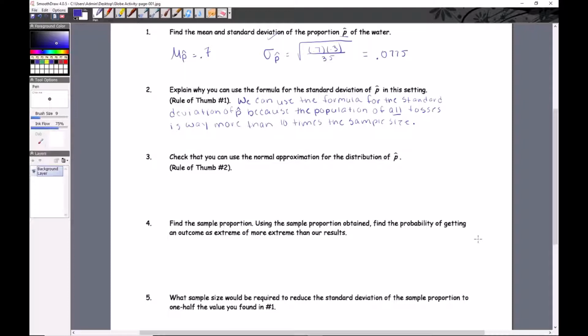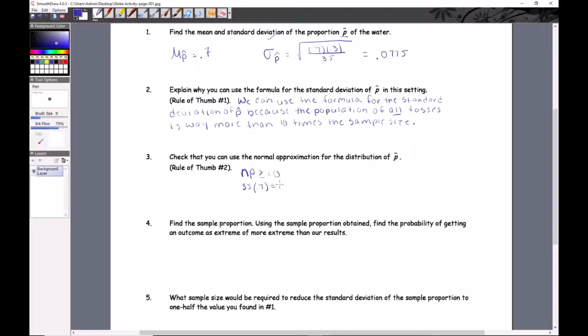And then it says check that you can use the normal approximation for the distribution of p hat. That would be rule of thumb number 2. And we're supposed to check these two products. We're checking to see if the product of n times p is greater than or equal to 10. So that would be, n is 35 and p is 0.7.